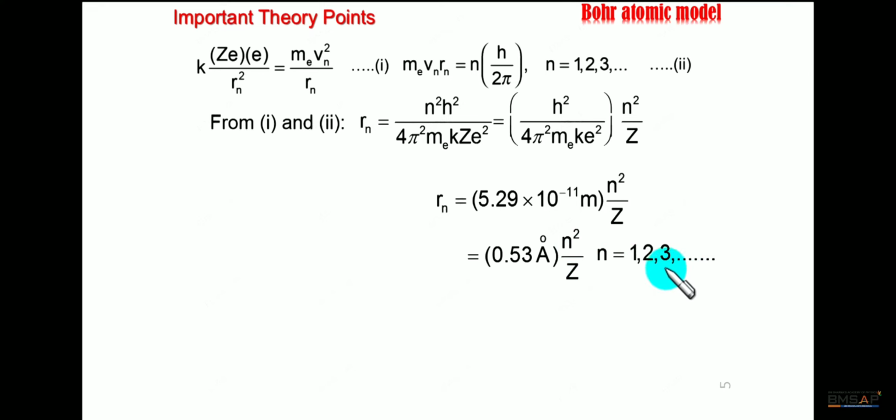So Rn is proportional to n square divided by Z.